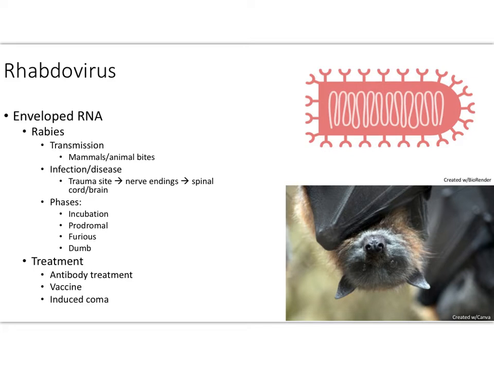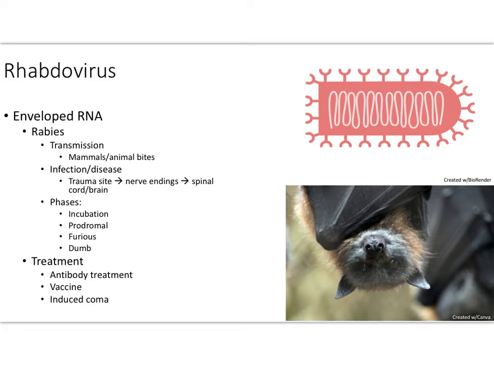So it migrates from the trauma site to the nerve endings that are nearby. And then it very slowly makes its way through the spinal cord up to the brain. Once it makes its way up there, it starts causing a lot of swelling, a lot of pressure to build up, and does damage to the nerves in that region of the body.